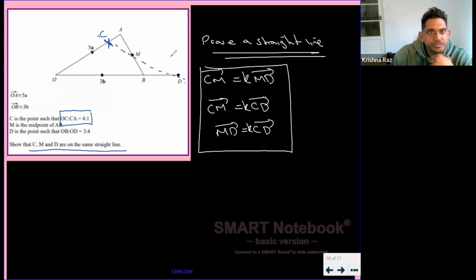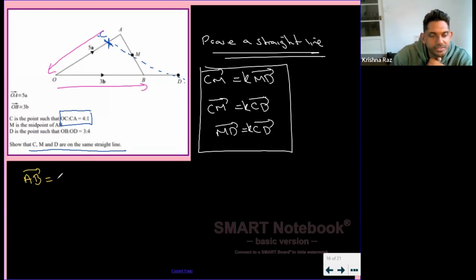So I'm going to first figure out CM. To figure out CM, I need AB, because we can see that CM is CA plus AM. So first let's figure out AB. And AB is negative 5A plus 3B.